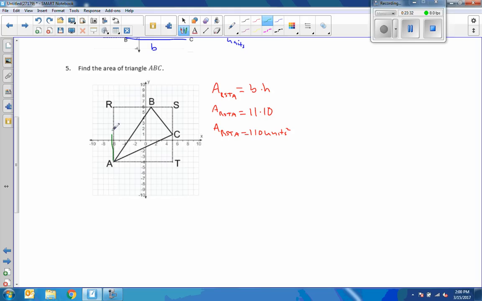Now we're going to find the area of triangle RBA, and that's 1/2 base times height. So the area of RBA equals the base, 1, 2, 3, 4, 5, 6.